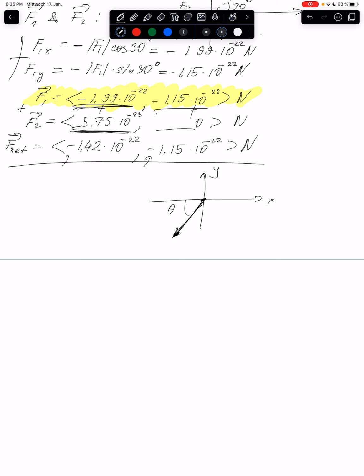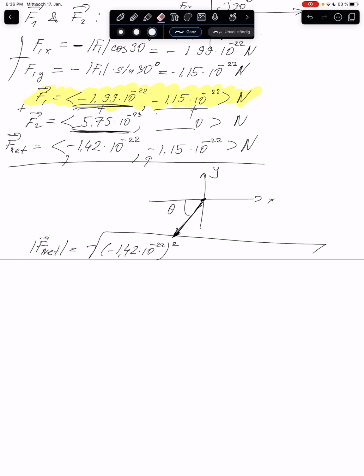So the absolute value of F net will be given by the square root of the x component squared, which is minus 1.42 times 10 to the negative 22 squared. When I square the negative number, it becomes a positive number, so this minus doesn't really do anything here. Plus the y component, minus 1.15 times 10 to the negative 22, squared.